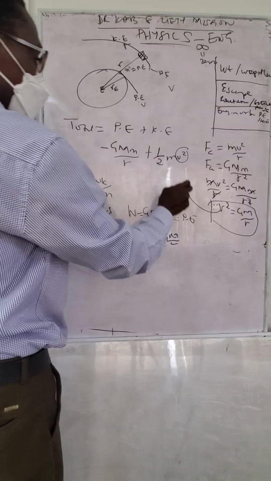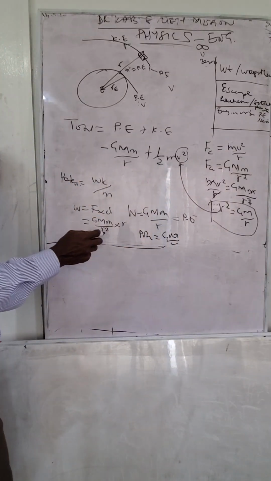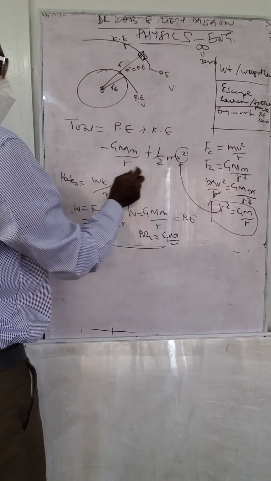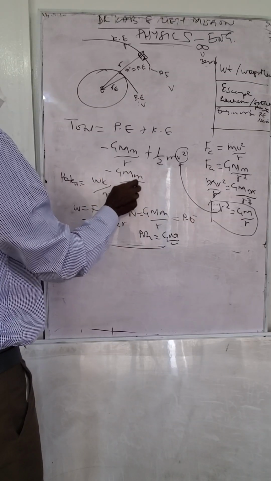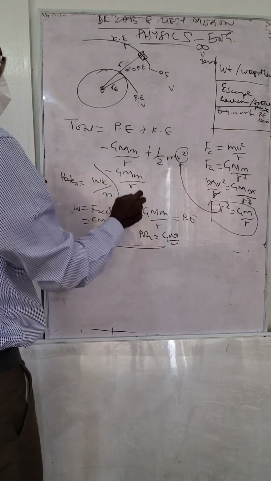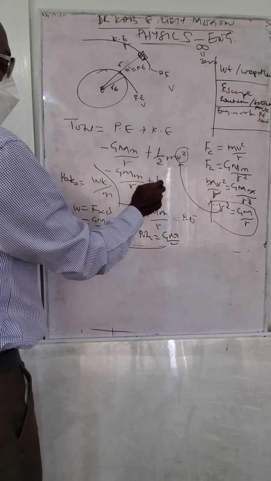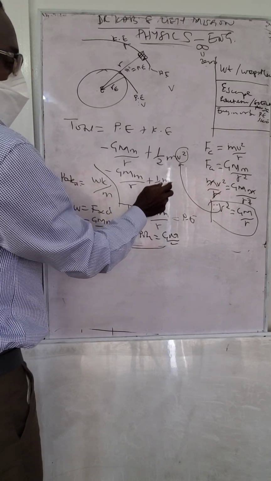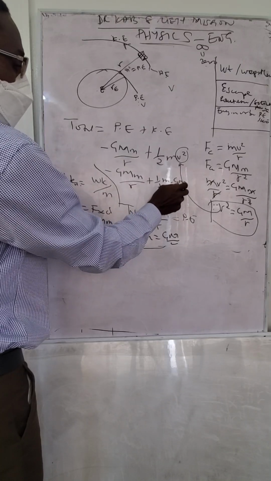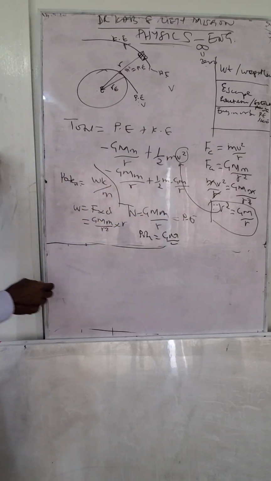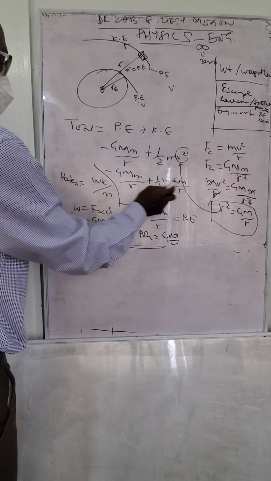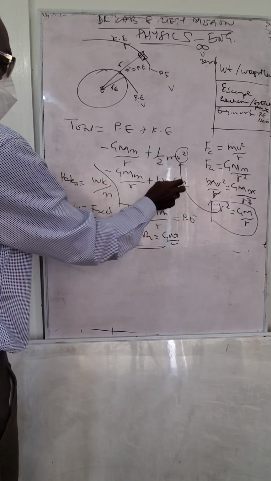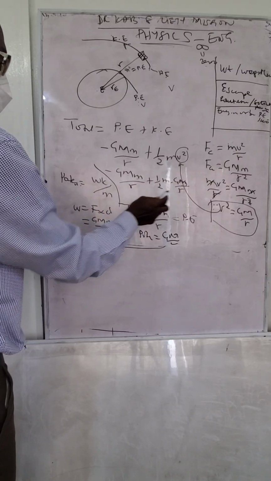Now we can substitute here for v squared. We substitute this one here. Then we get negative GMm over R plus half m times GM over R. See that small m is here, GM is here, capital M is here, R is here.